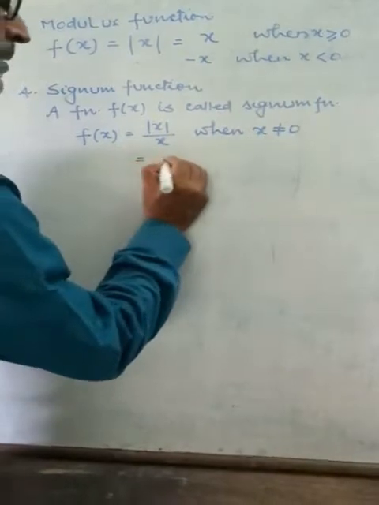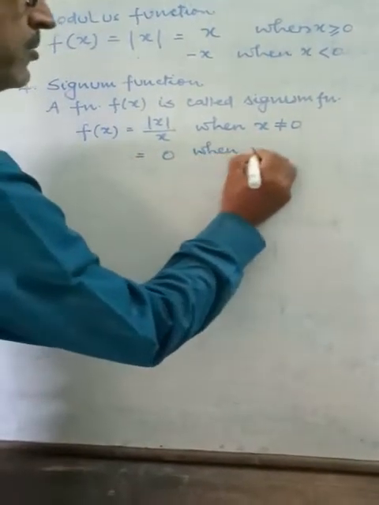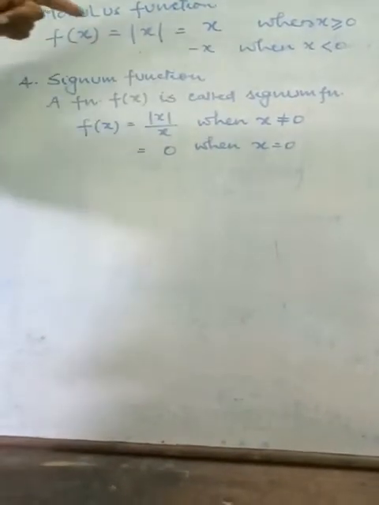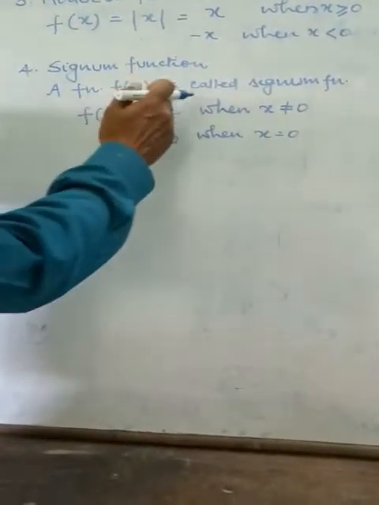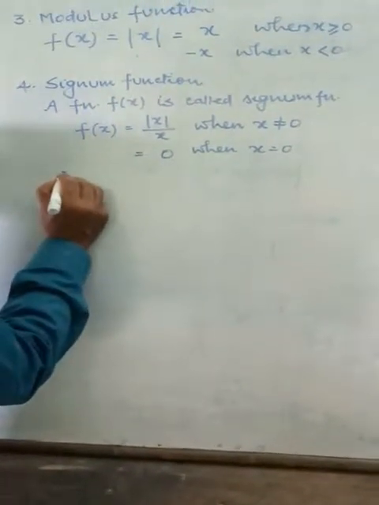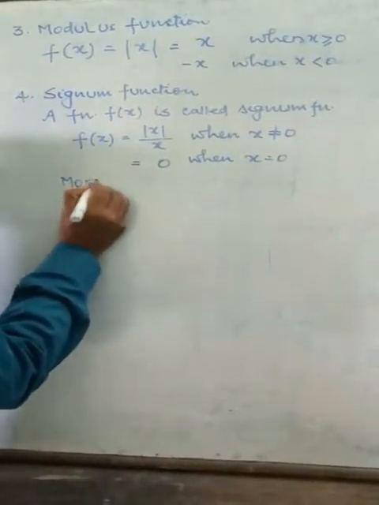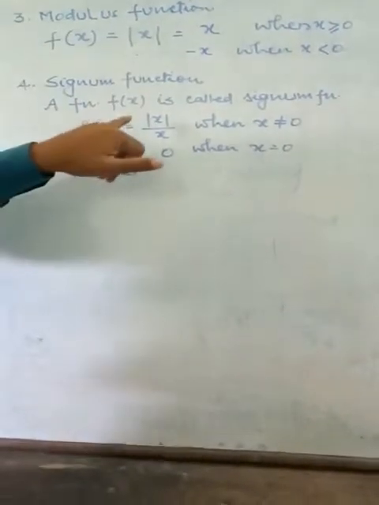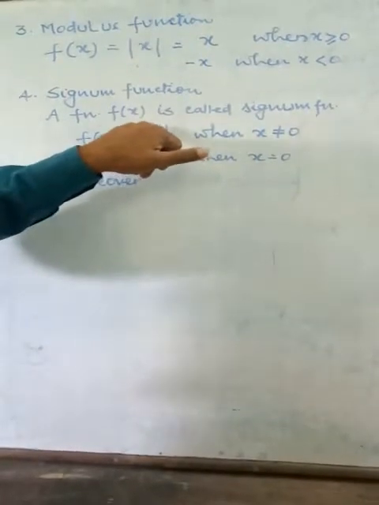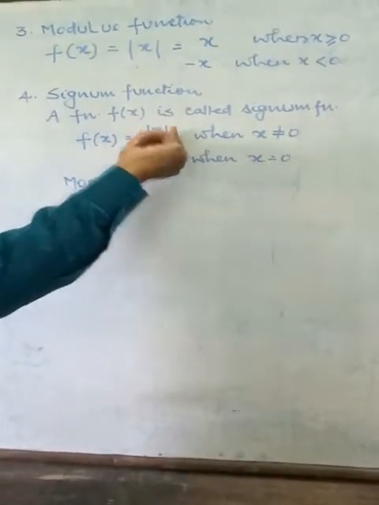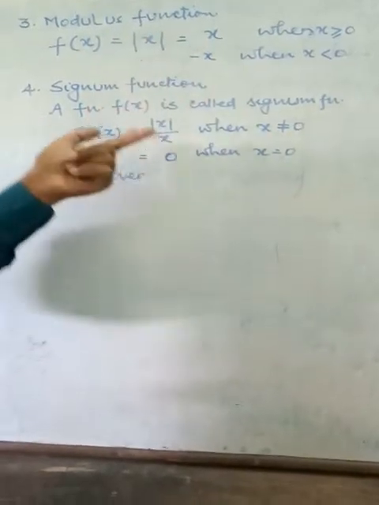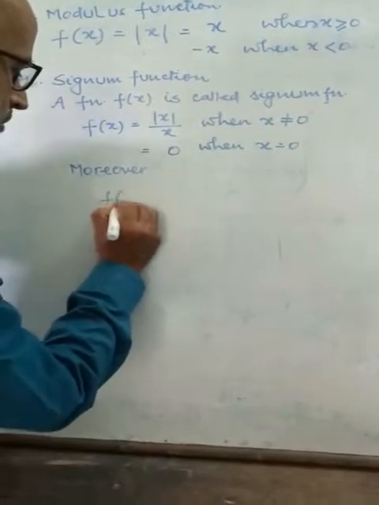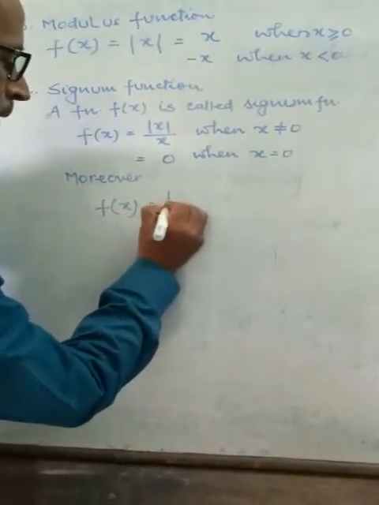Moreover, on the basis of modulus function, we divide into 3 parts. So you write moreover when x is greater than 0, then modulus of x is equal to x as defined earlier, and x and x should cancel. So it becomes 1. f(x) is equal to 1 when x is greater than 0.